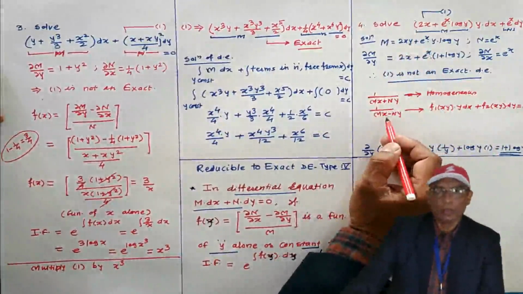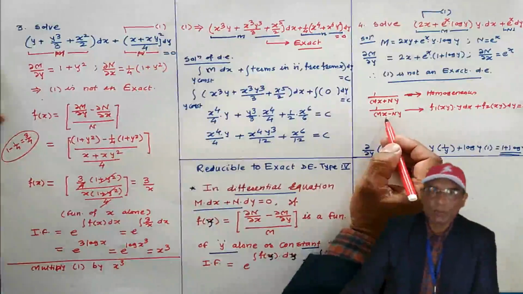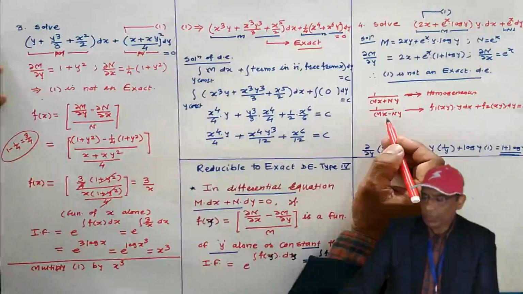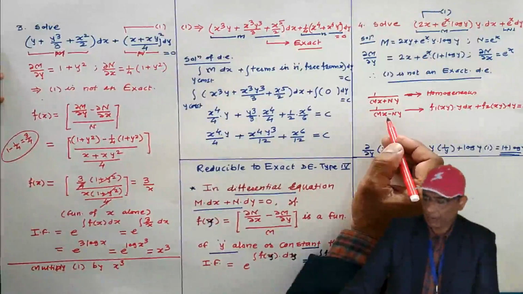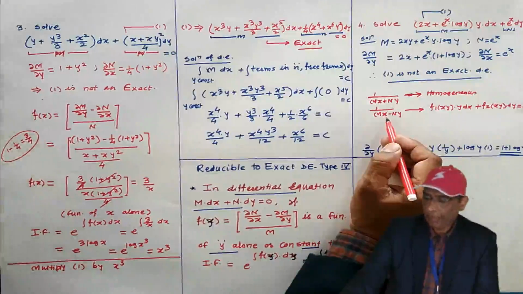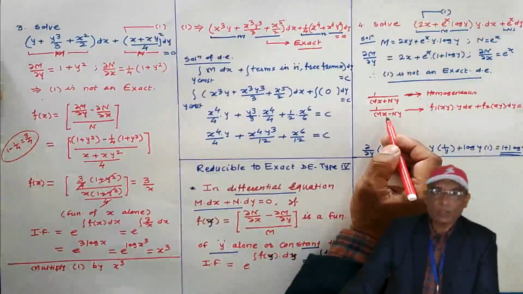In short, it is not a strict rule, but it is restricted to the SPPU syllabus of engineering mathematics 2. So roughly I am telling you, it is not a rule.